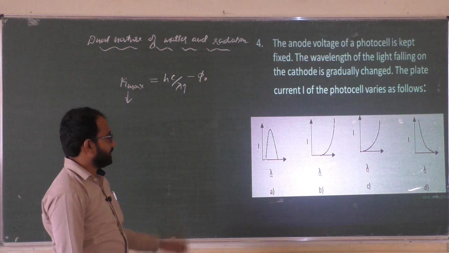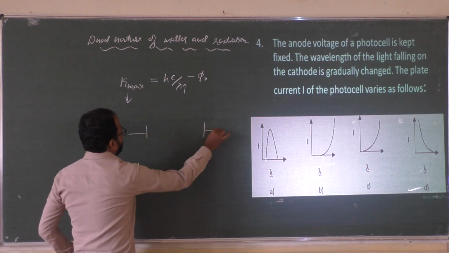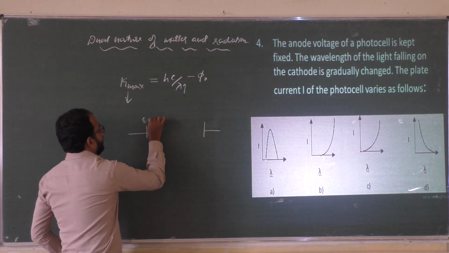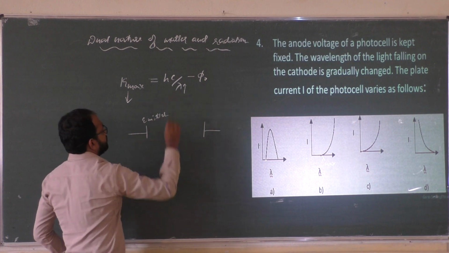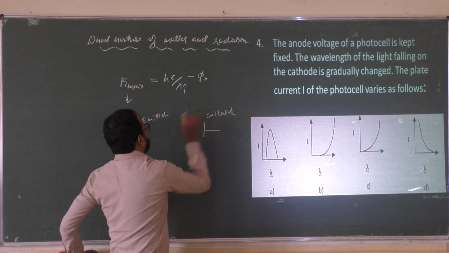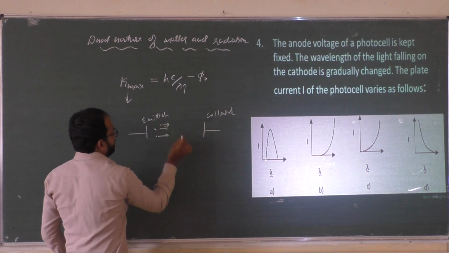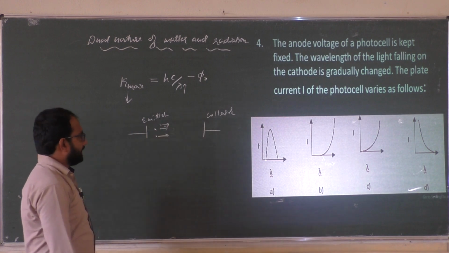It goes on decreasing. See, in the apparatus, this is the emitter plate, the cathode, and this is the collector plate, the anode. Electrons are emitted by the emitter plate.